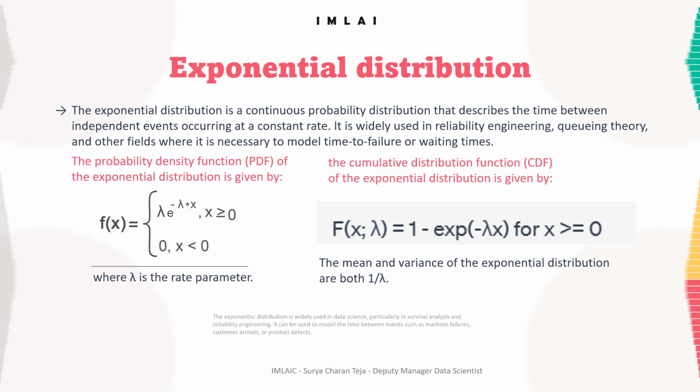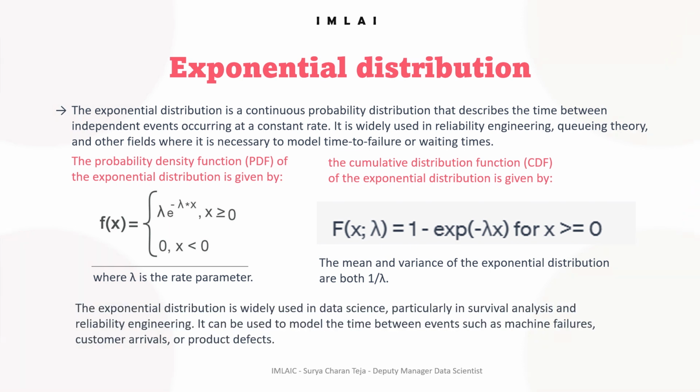One common application in data science is the analysis of customer wait times in call centers or service centers. By fitting an exponential distribution to the observed wait time data, we can estimate the average waiting time and predict the probability of a customer waiting more than a certain amount of time.